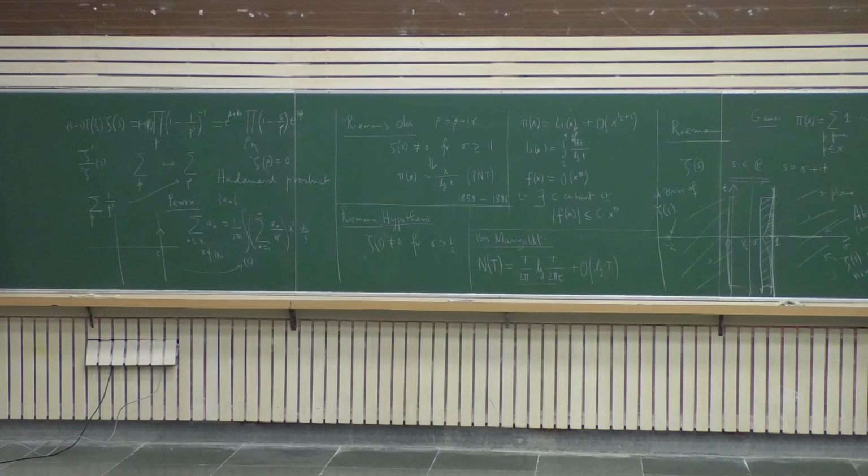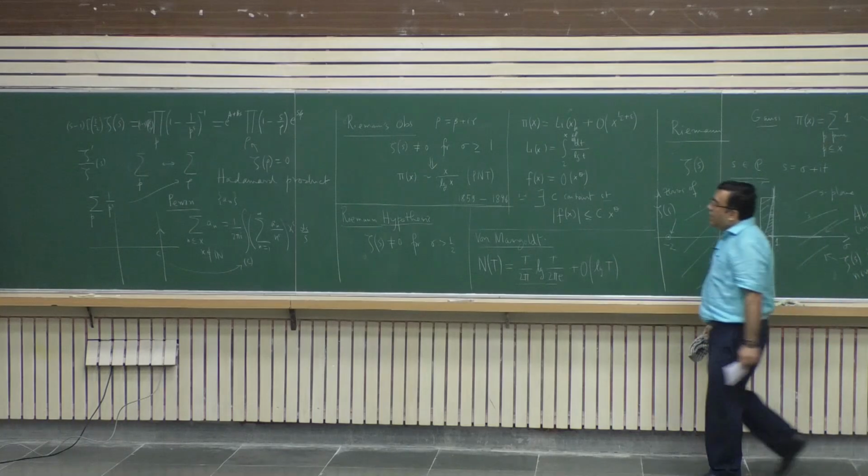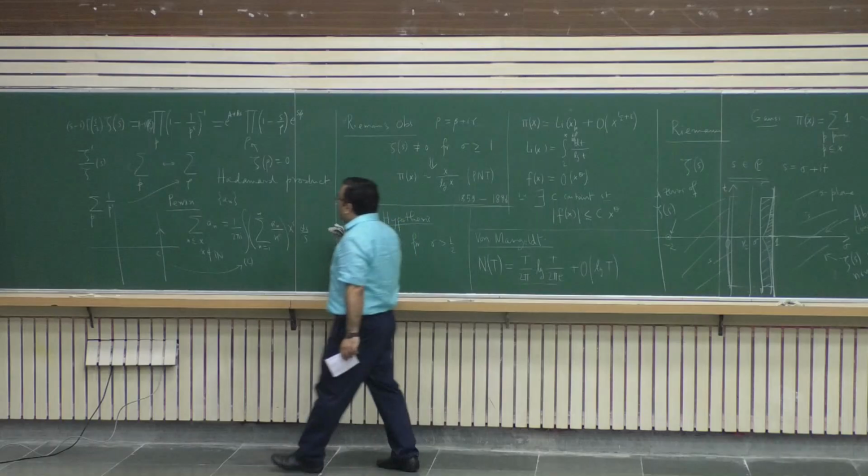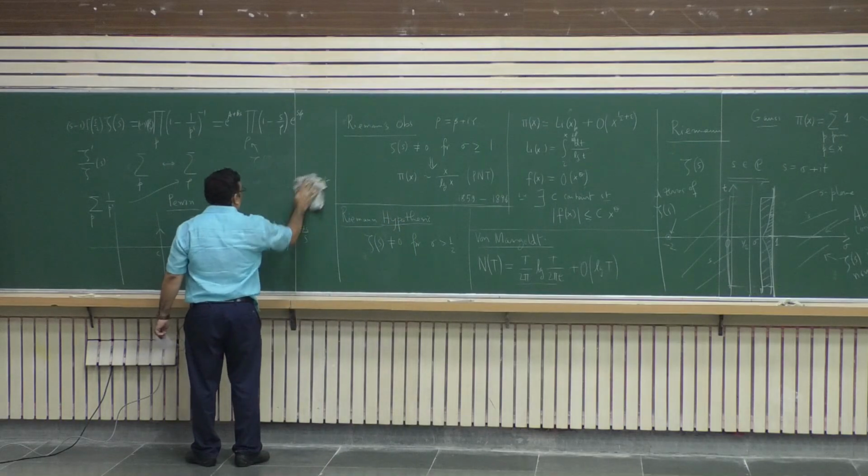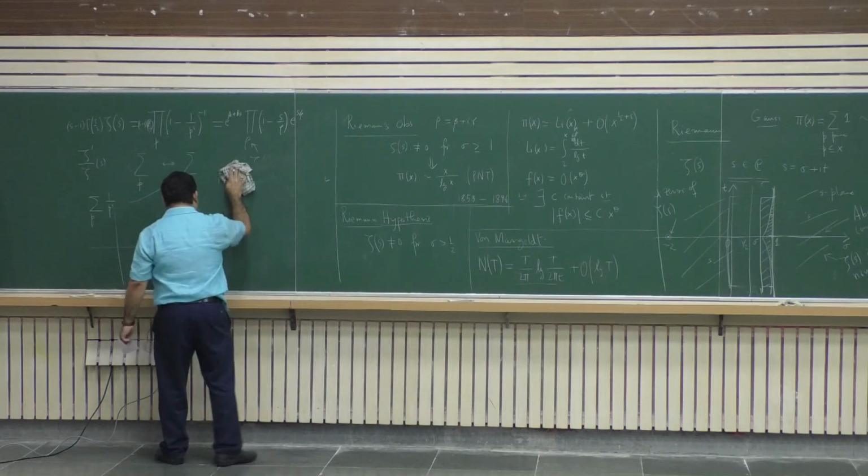Right. So this is about the zeros which are not lying on the central line. What about the zeros which are lying on the central line? Riemann said all zeros are lying on the central line, but can you show that there are zeros lying on the central line? So that was proved by Hardy. Right?